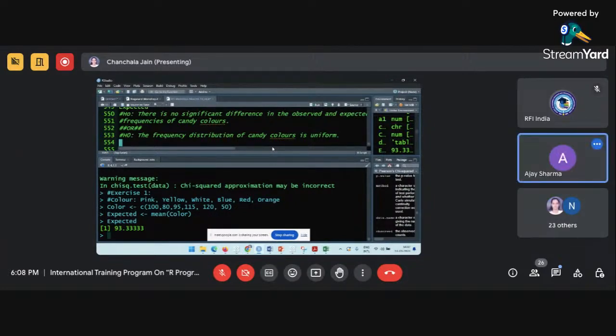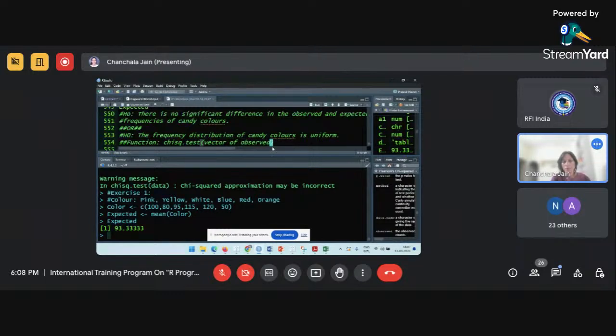Now, we will talk about the function which you need to use to perform the chi-square test. The function is CHISQ dot test, and then you need to pass your vector. Usually you will not get this in detailed form once you find this function, but here I am elaborating.